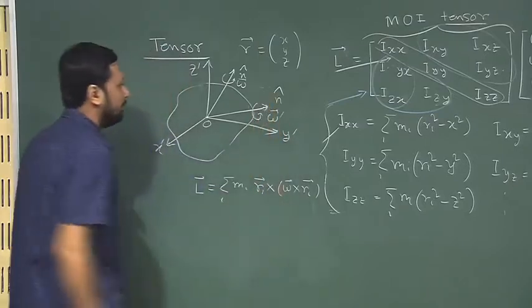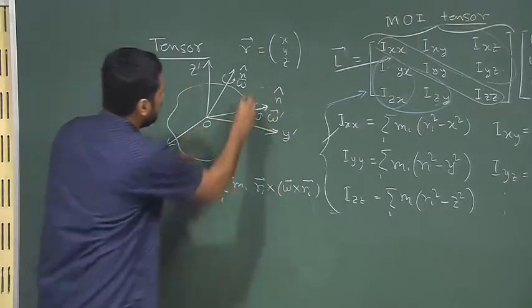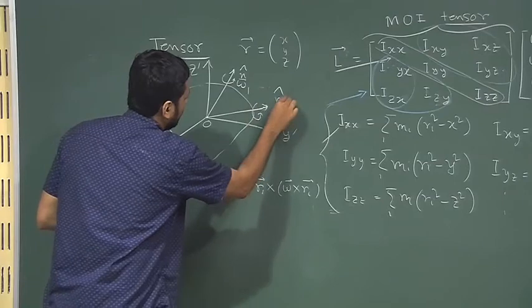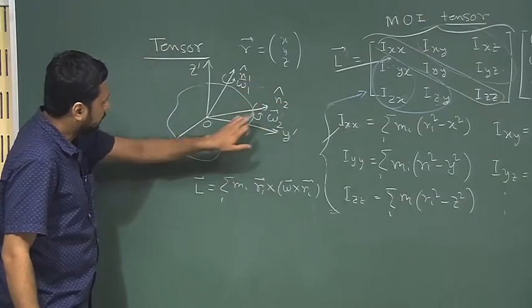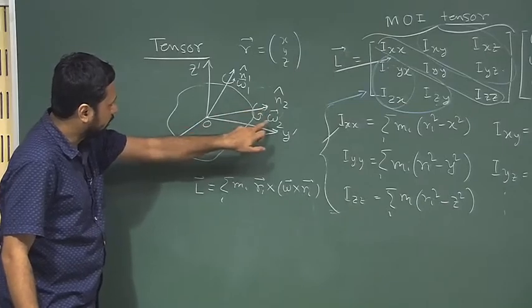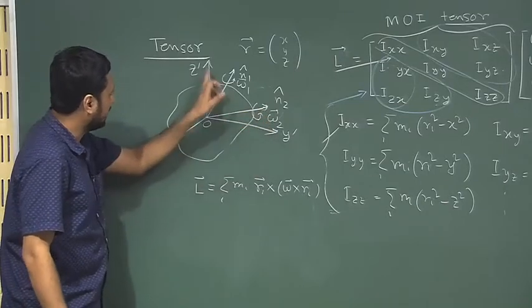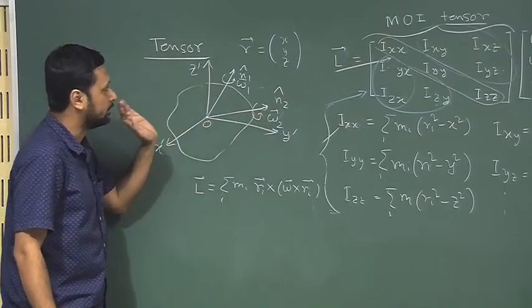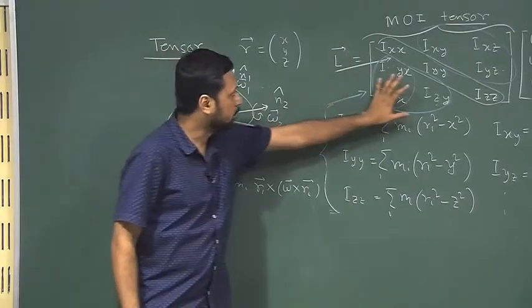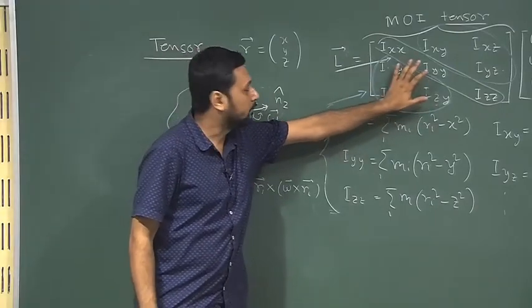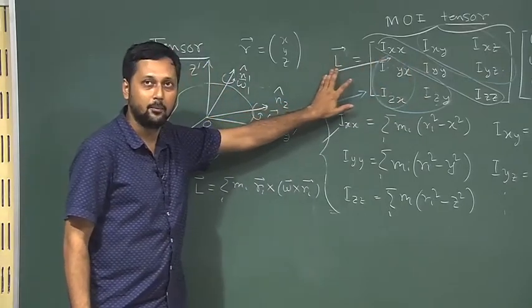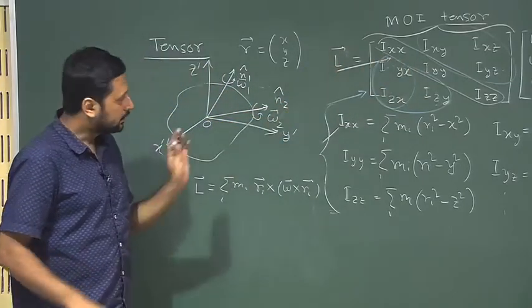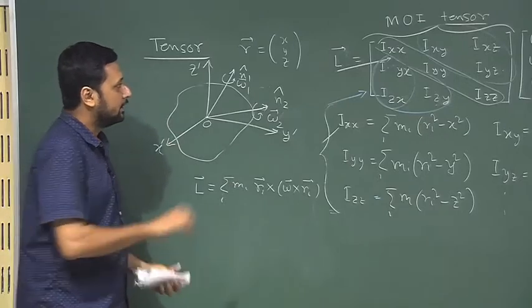We will just call them omega 1 and omega 2, just to avoid any confusion. And now if I can decompose omega 2 into x prime, y prime and z prime system, knowing the moment of inertia tensor, I can immediately tell you what will be the value of L, right. So, this is the advantage of having the tensor.